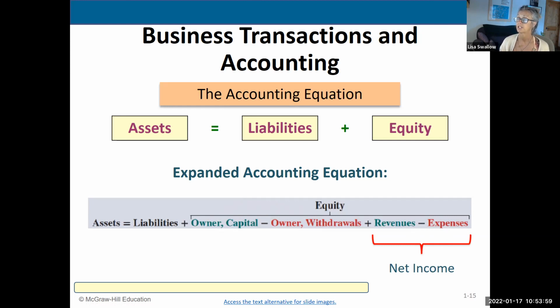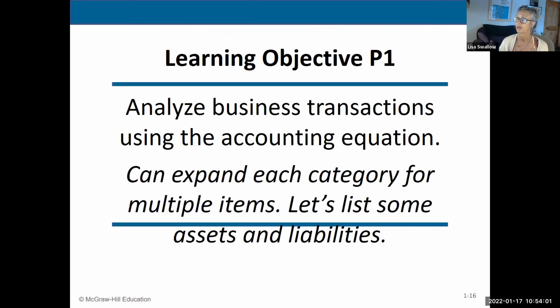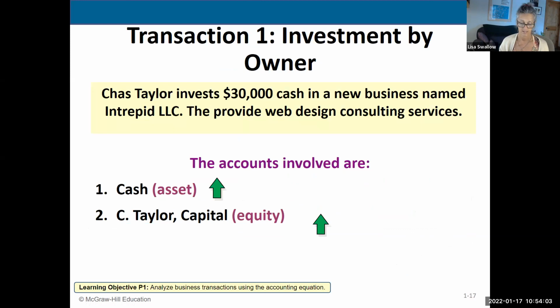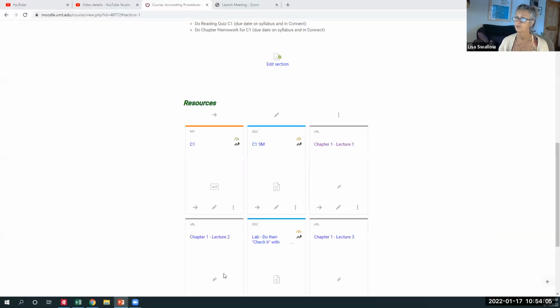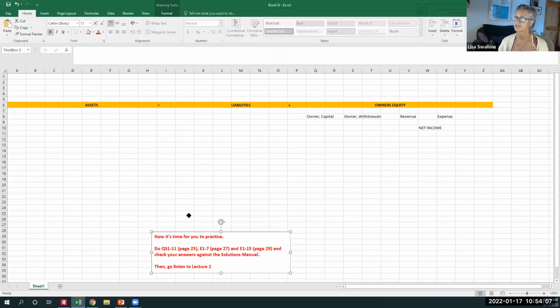So I would like you to take your piece of paper and do this. Make a big statement that says assets and then leave some room, equals liabilities, leave some room, plus owner's equity, and then put the 4 things that I just talked about under there.